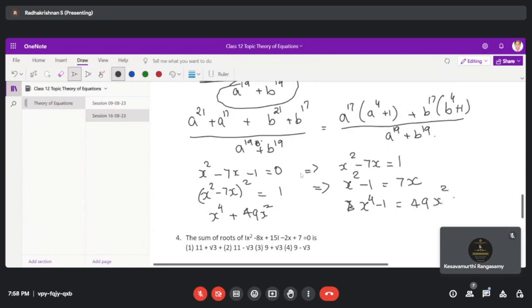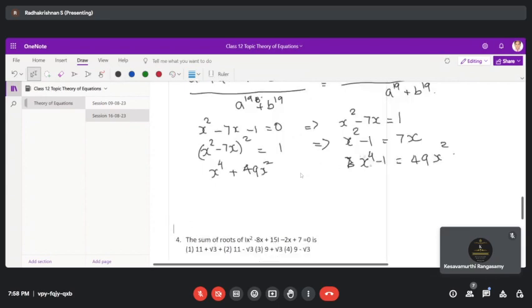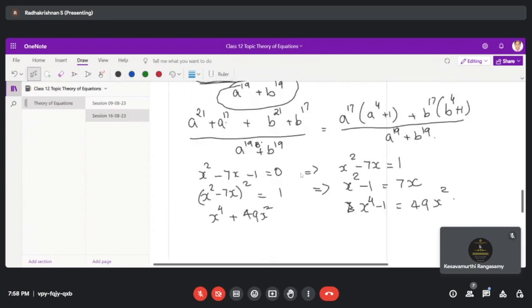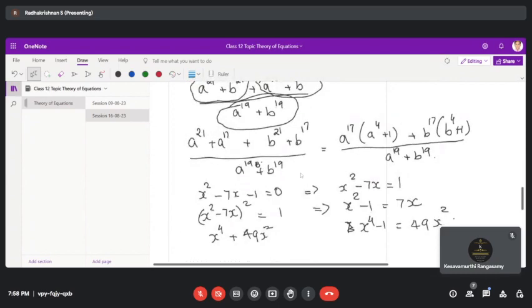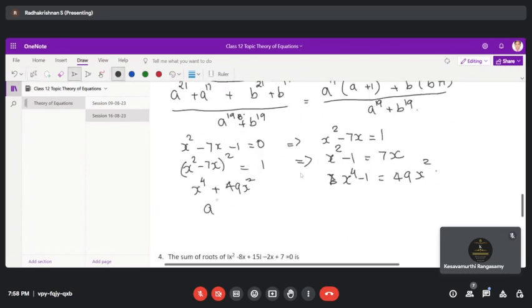Since a and b are the roots of this equation, we can write that a power 4 minus 1 will be 49 a square and b power 4 minus 1 will be 49 b square.